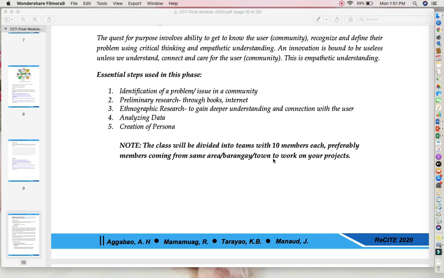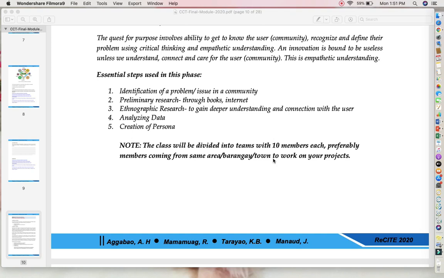Number 3 is the ethnographic research. To gain deeper understanding and connection with the user, you're going to search on their profile. And number 4 is analyzing data. And number 5 is the creation of your persona.